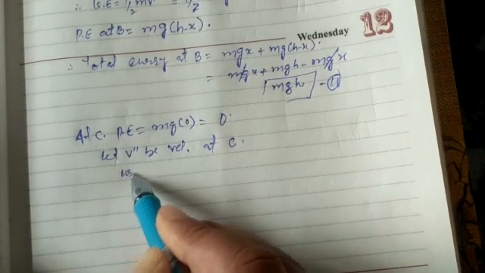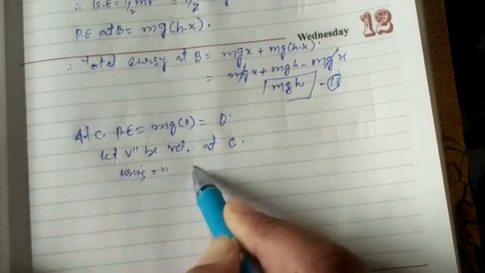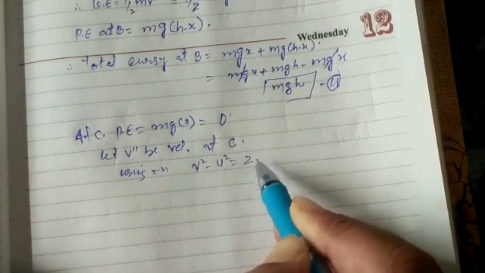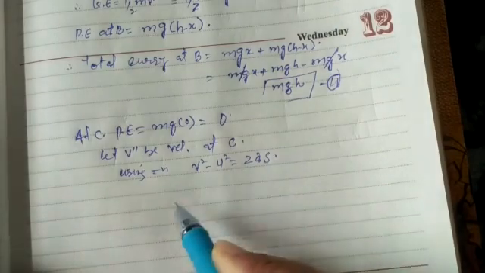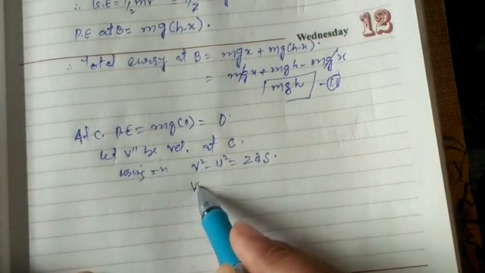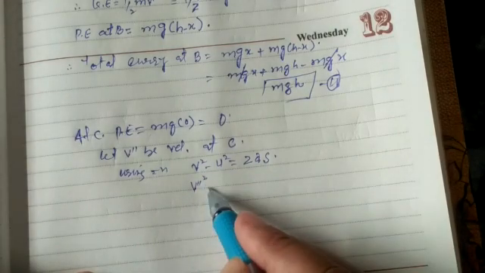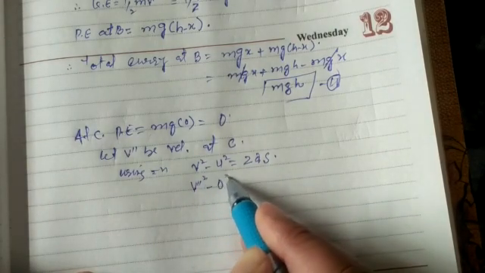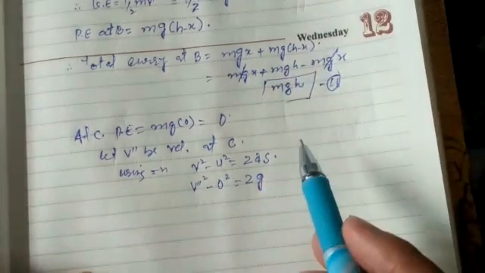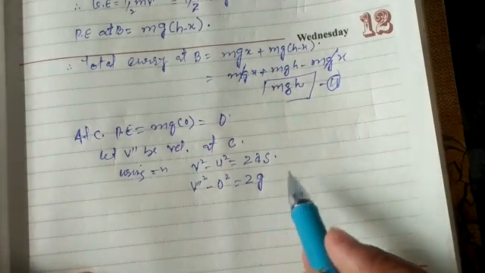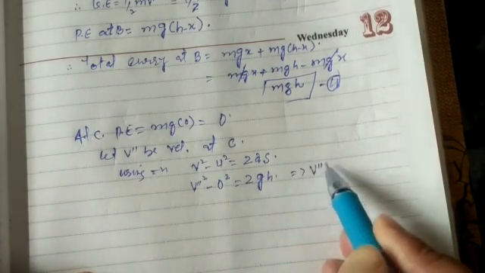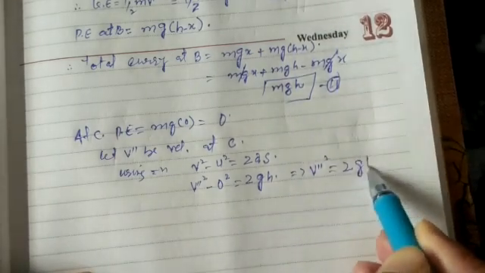Using the equation v² minus u² equals 2as, instead of v we will have v double dash squared, minus u squared, that is the initial velocity, which is 0, equals 2g, and now s is equal to h, because the body has now come down from A to C. So v double dash squared equals 2gh.